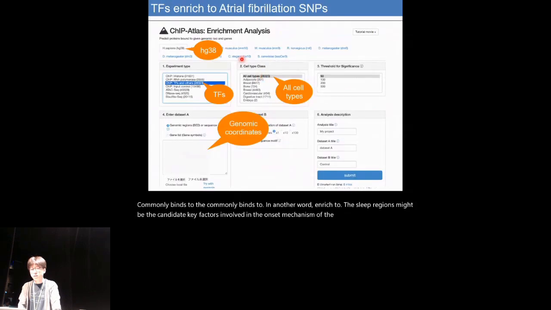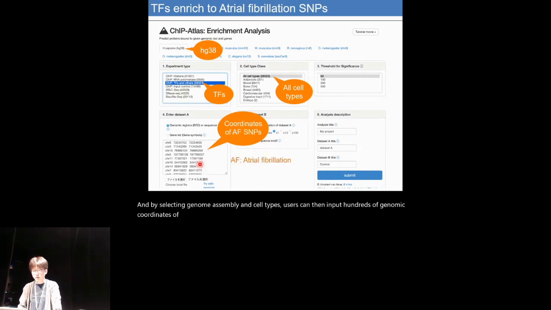And enrichment analysis is exactly useful for us to identify TFs enriched to a set of disease-associated SNPs. By selecting genome assembly and cell types, users can then input hundreds of genomic coordinates of SNPs in this text box.